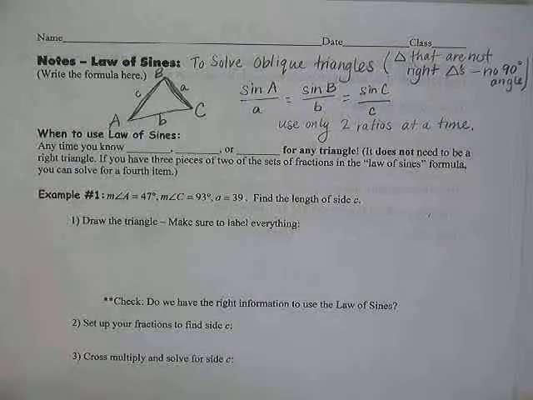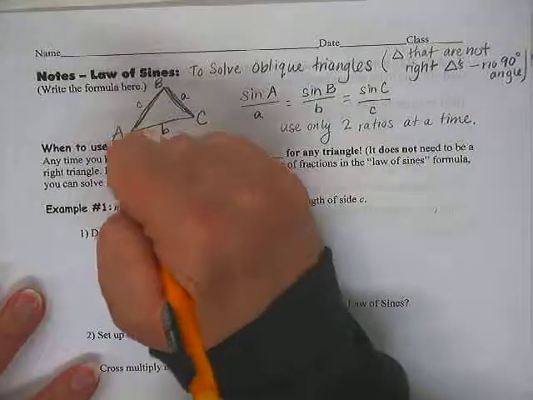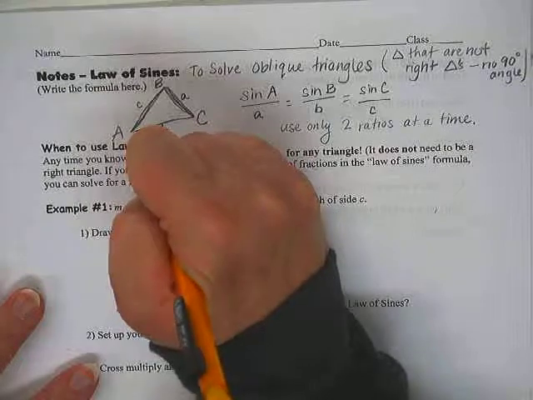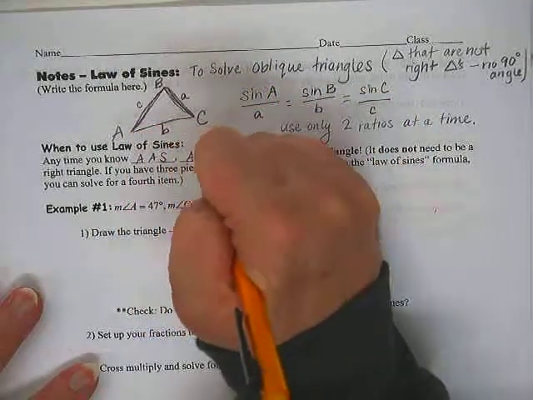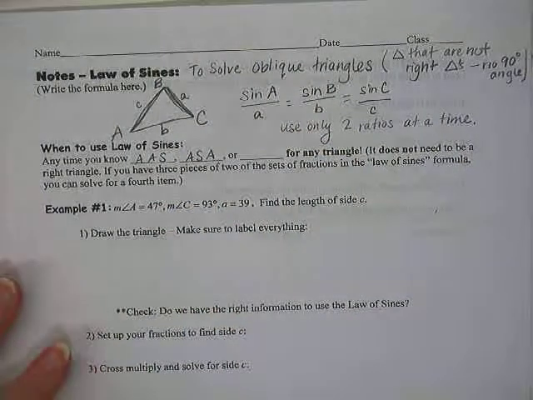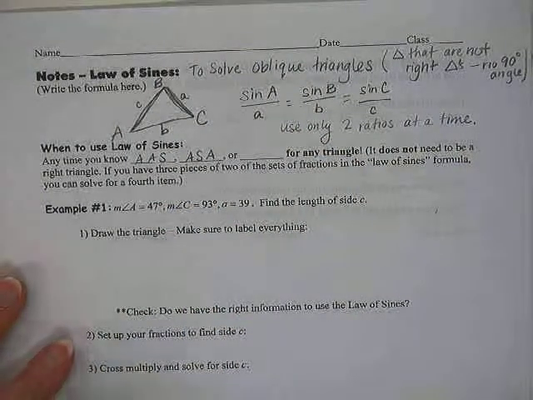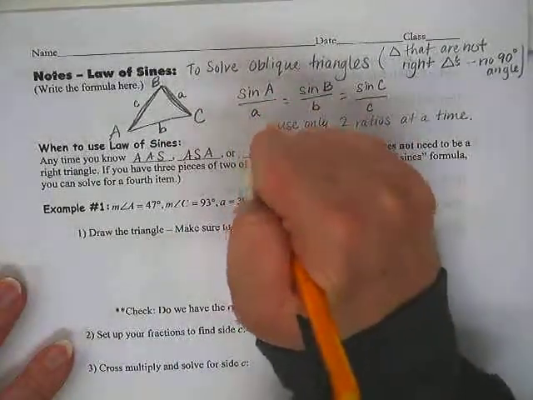Okay, you will be given three pieces of information and you will be asked to solve for another piece of information. Okay? If the information you are given is an angle side angle, you can definitely use law of sines.